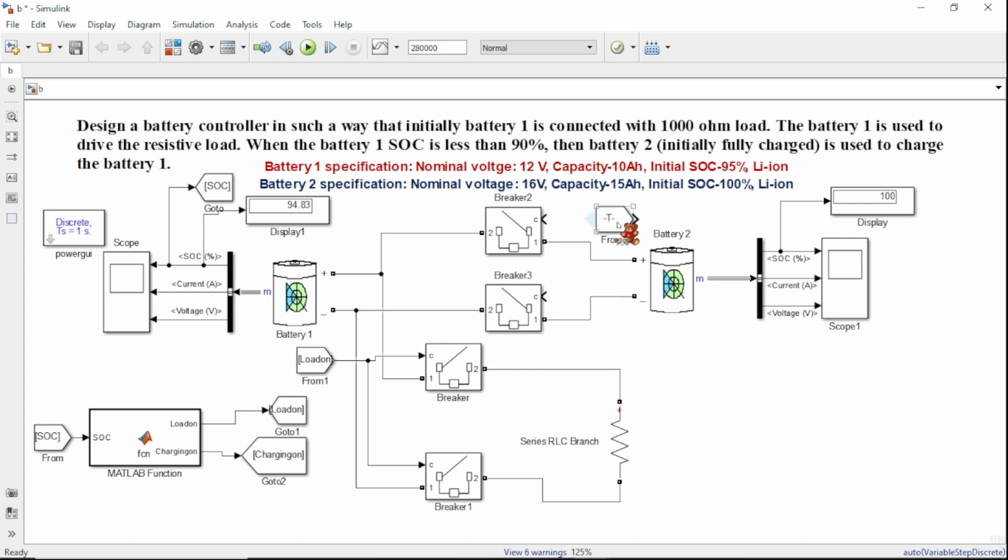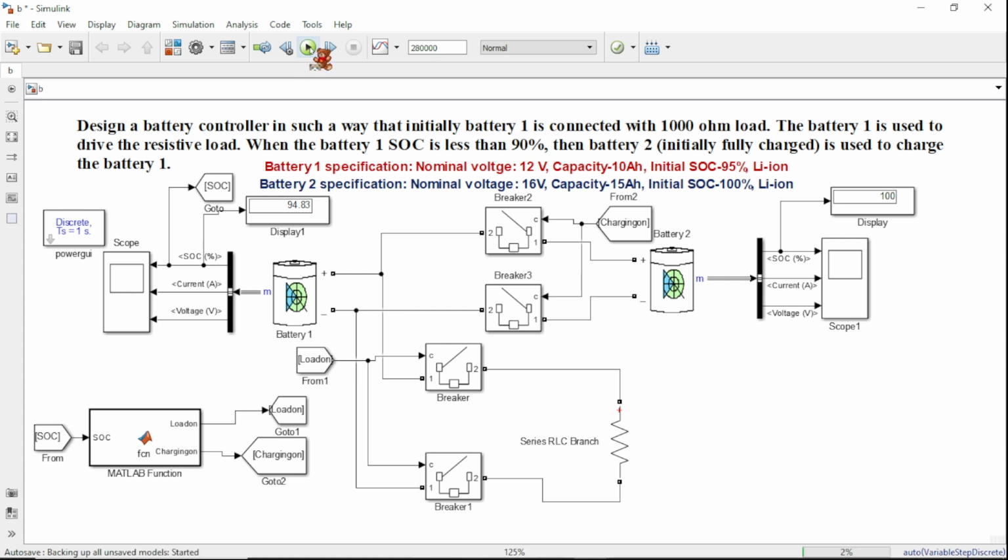So here I am using the From block and connecting this to breaker 2 as well as breaker 3. Now everything is ready, and I have already set the run time.